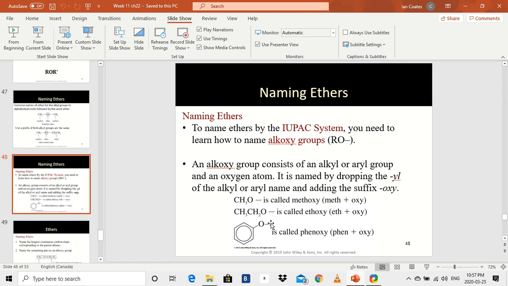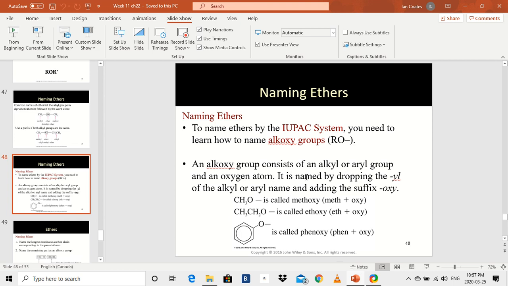But this is what I want you guys to know: naming ethers with the IUPAC system. What we're looking for here is an alkoxy group. An alkoxy group consists of an alkyl group and an oxygen atom.